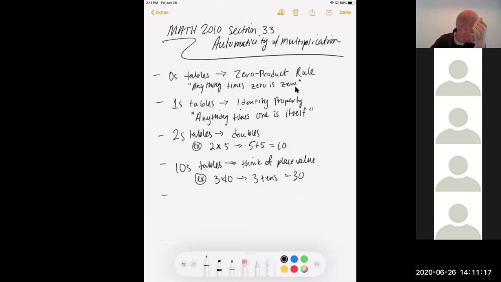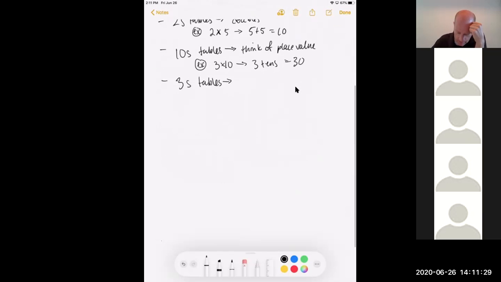Okay. Next we did threes. We need to do 3 times something, not just 10 as I did in the other one. If I wanted to do 8 times 3. Anything times 3 will work with this. How did we calculate our threes? Doubles plus 1. Right. We call this the doubles plus 1 group.